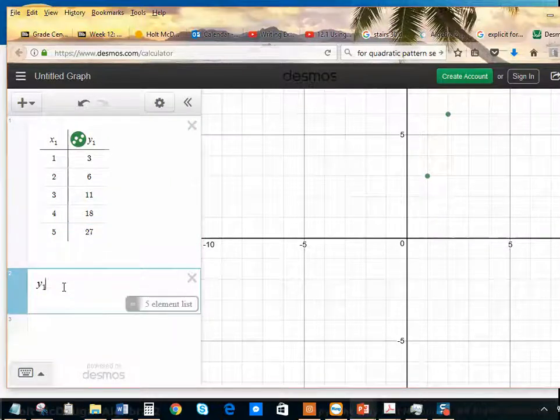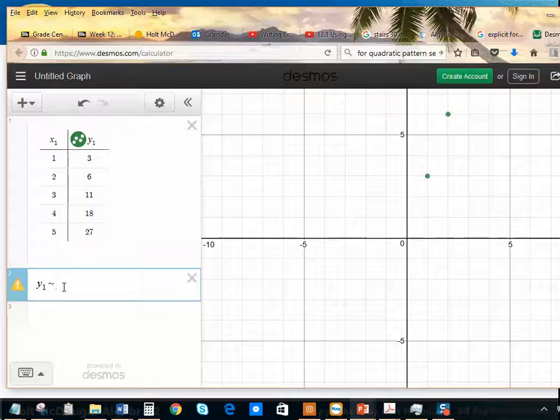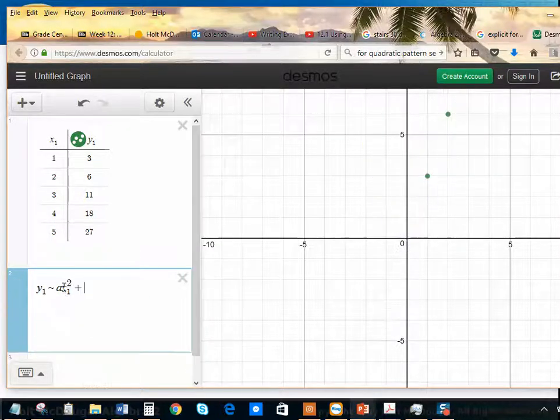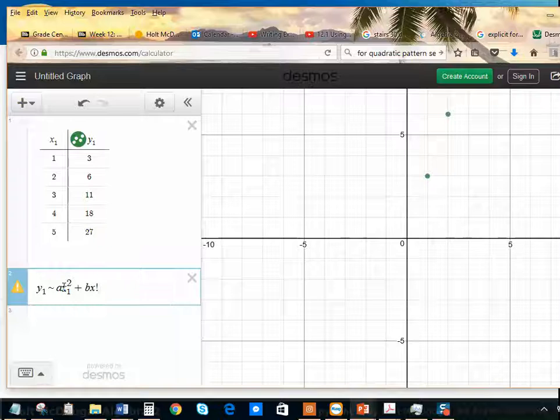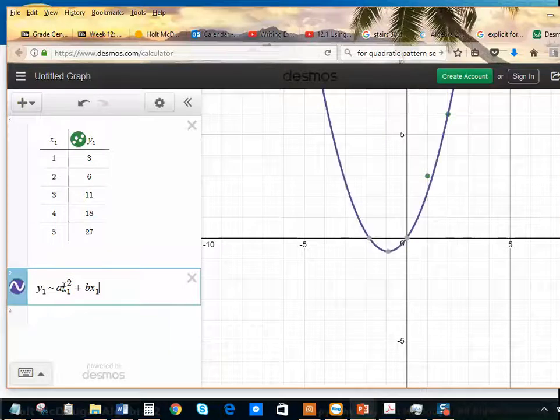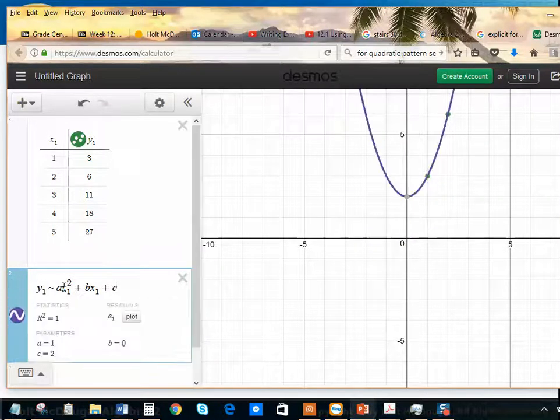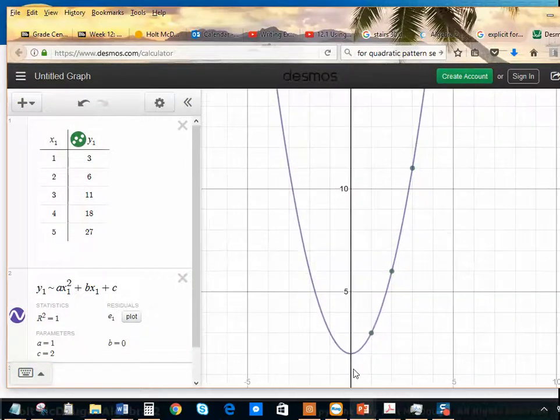So y1 is approximately equal to a times x1 squared plus b x1 plus c. And you can see that the points were graphed up here. Let me move it down just a little bit. There's our points. And this r squared value is exactly 1, so it's fitting it perfectly.